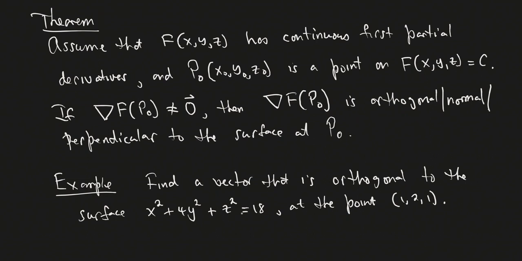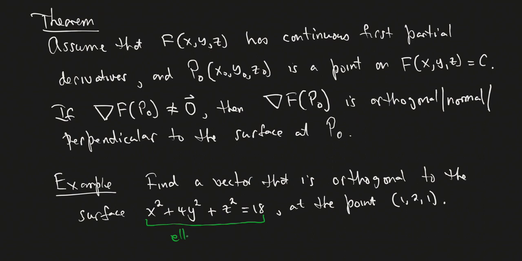So again, what we want to find now is a vector that's orthogonal to the surface, whatever this looks like. Don't think that this is a sphere. It's not a sphere because we have this coefficient that's different from the other two. Essentially, if you want to know what this is called, it's an ellipsoid. It's basically a football shape, right? It's like a generalized sphere that's been squished in one of the directions.